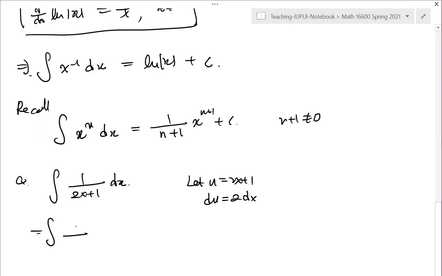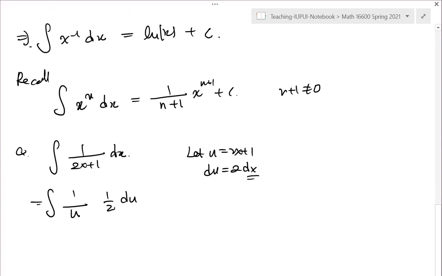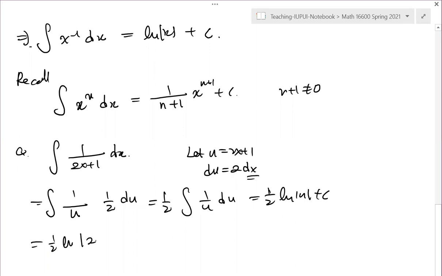So the integrand is just 1 over u. Now dx, from here you can solve for that. That's 1/2 of du. Then you use our formula. The integral of 1 over u with respect to u is going to be the natural log of absolute u plus constant. Then you replace u by 2x plus 1.